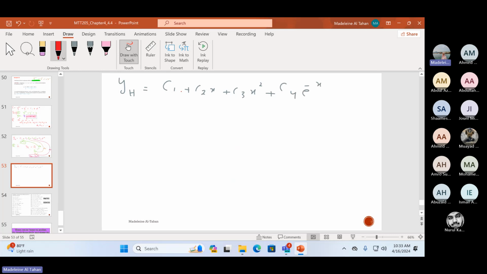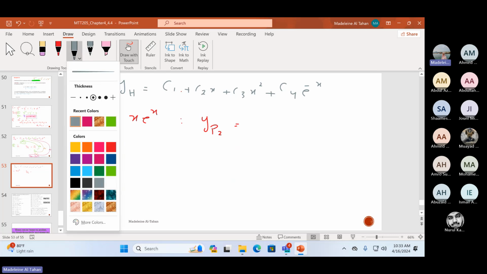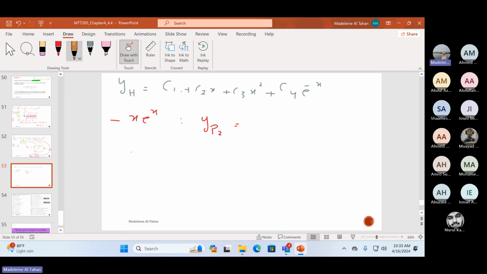Here we have minus x. We need to find YP2. What do we have here? A polynomial of degree 1, right, miss? And here what do we have? Exponential.